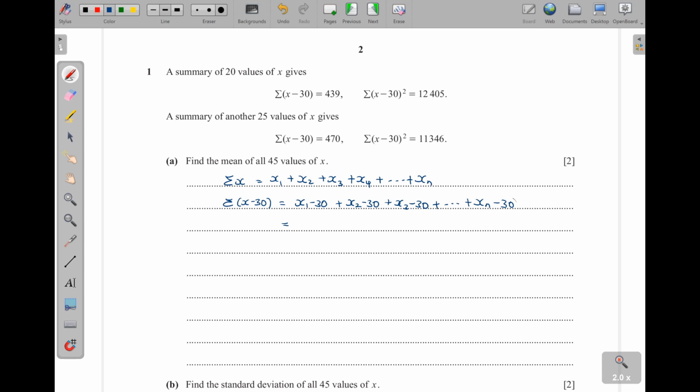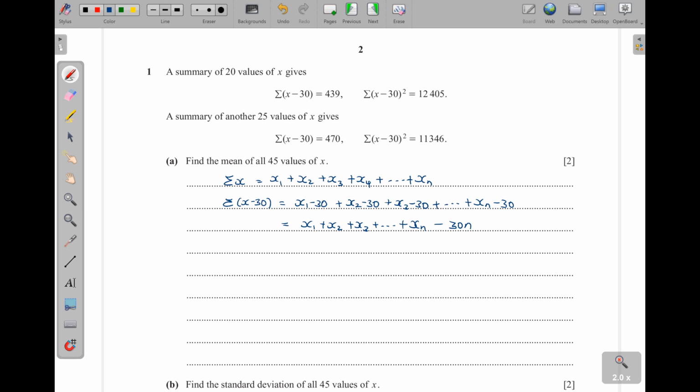However, this is the same as saying x1 plus x2 plus x3 up to xn, then each of these x values we are subtracting 30. There are n of them because we have xn. So that means we are subtracting 30 n times.